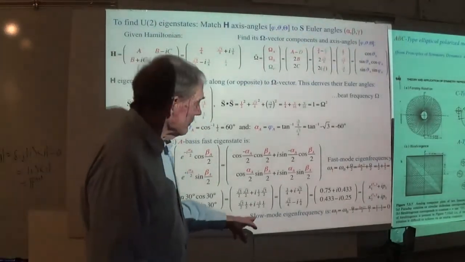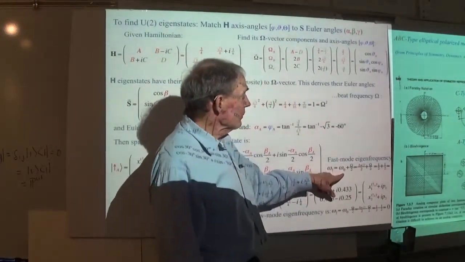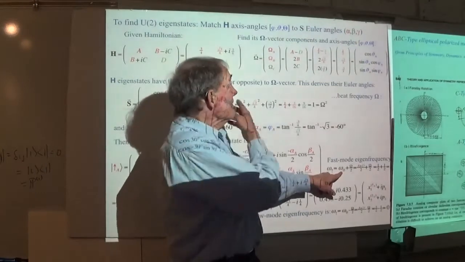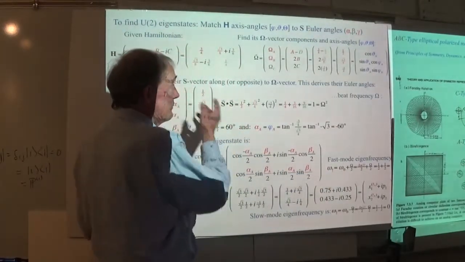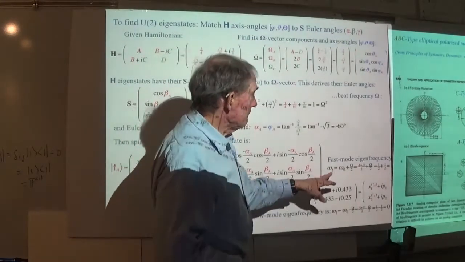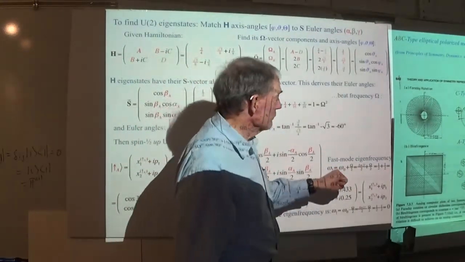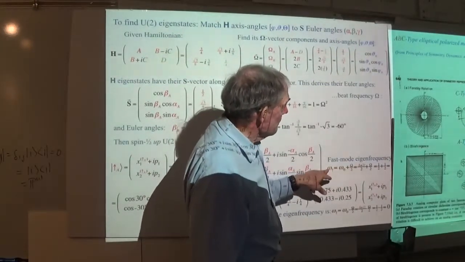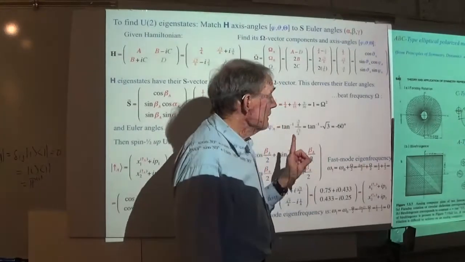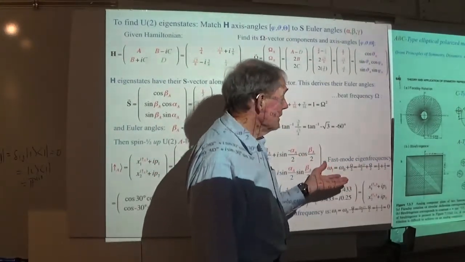Now, we also know what the slow mode frequency is for this. This is the fast mode frequency here, omega 0, which we haven't really looked at, but that's the A plus D that isn't shown here. Okay. A plus D over 2, remember, is the overall angular frequency. So we're taking our beat frequency over 2, this is the omega thing where you use the frequencies that go with spin 1/2.